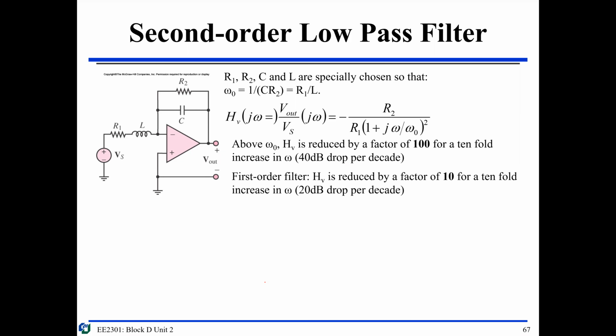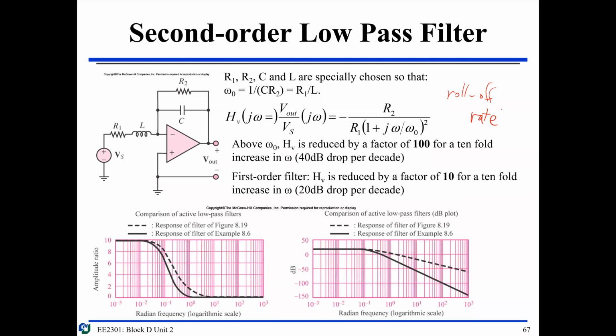So this is the case. So there's something called roll-off rate. So you can see the dashed line is second order. The solid line is first order.